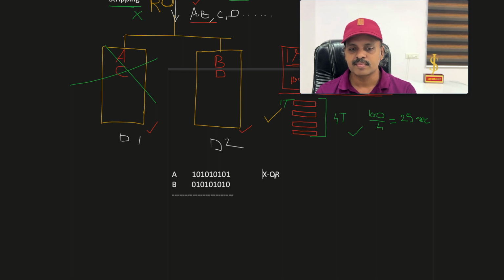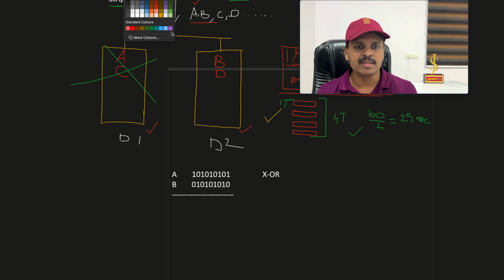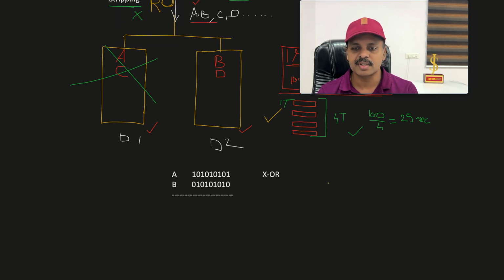So what is the behavior of XOR? Let me write it symbolically here, if I remember right from my engineering time. If I have one digit and I am applying XOR on this, the XOR symbol, if I am not wrong, is this one or this one.